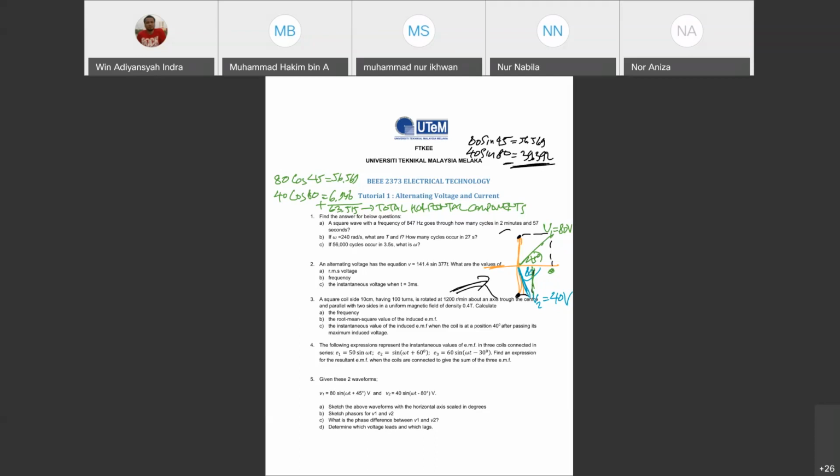Why do we need to subtract? Because if you see here, the projected V1 goes up, while the projected V2 goes down.